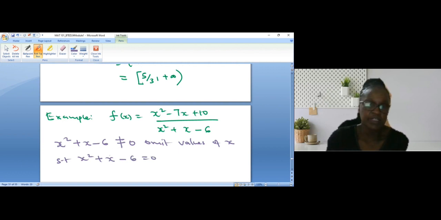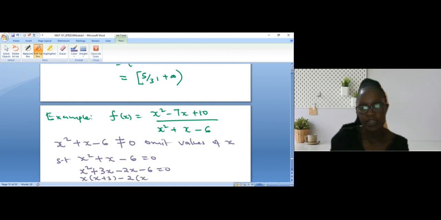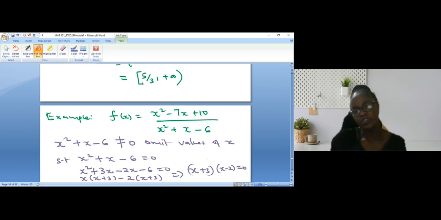And that would mean solving a quadratic equation, which everyone can do. So use the product-sum rule: x squared plus 3x minus 2x minus 6 equals 0. So x into x plus 3 minus 2 into x plus 3. This gives us x plus 3 into x minus 2 equal to 0.